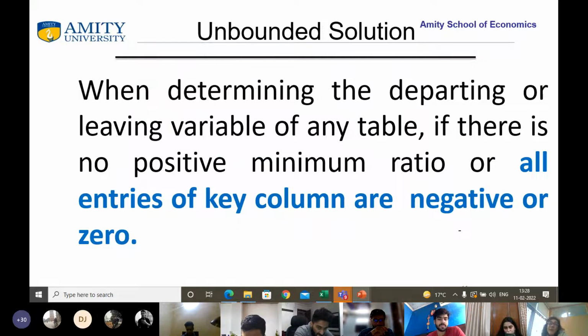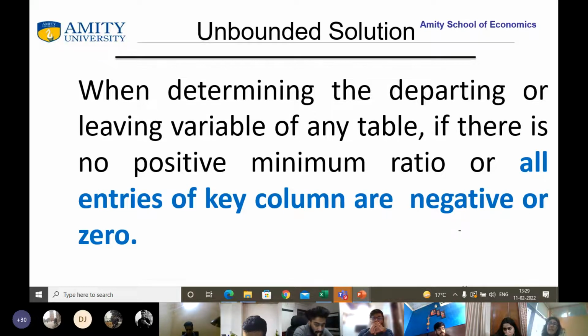The LPP problem has an unbounded solution while solving with the linear programming method when we are unable to determine the departing variable, when we are unable to decide which ratio to consider. So all values in the key column are either negative or 0 or infinity.